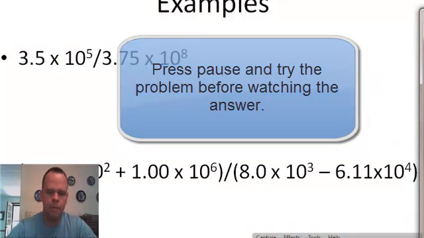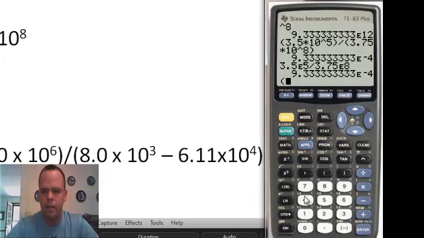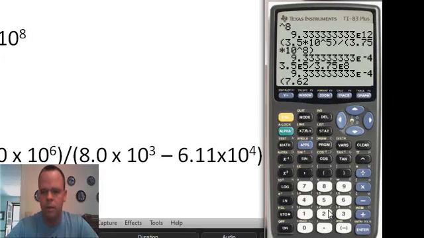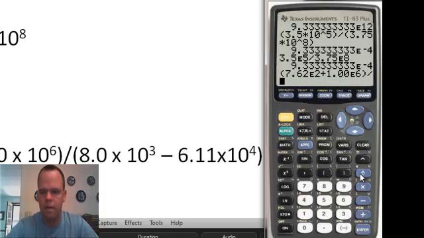Now, let's go over this problem. I would type it in the calculator this way: open parentheses, 7.62 second comma 2, plus 1.00 second comma 6, close parentheses, divided by, open parentheses, 8.0 second comma 3, minus 6.11 second comma 4, close parentheses.